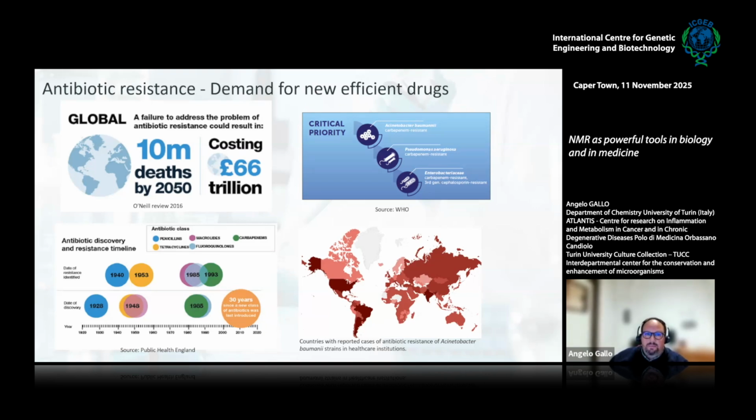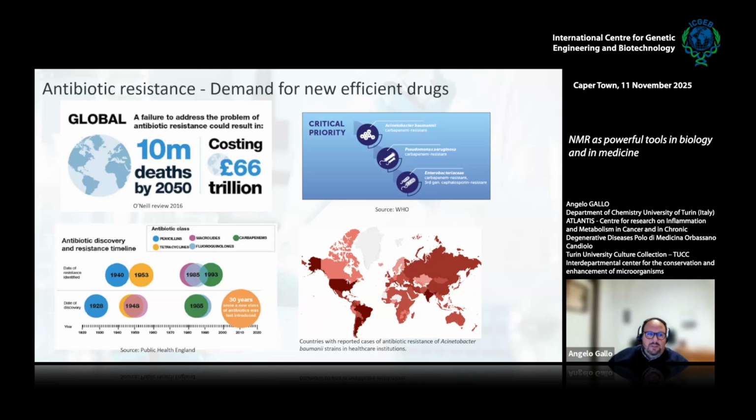There are some critical priorities to highlight here. One is Acinetobacter baumannii, which is already resistant to carbapenem antibiotics. There is Pseudomonas aeruginosa and Enterobacteriaceae bacteria. So these are key elements to keep an eye on.